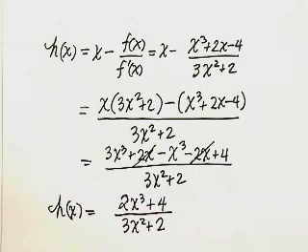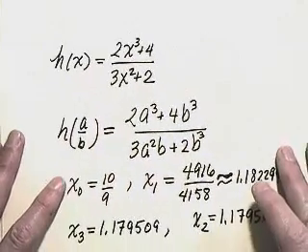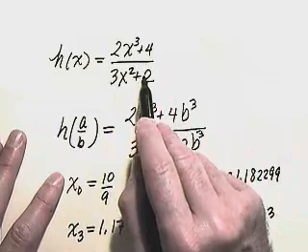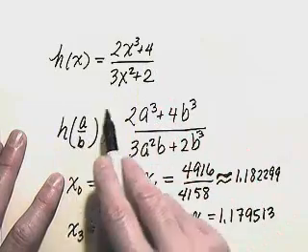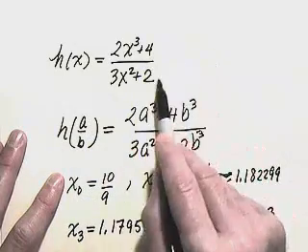Now, of course, we'll be dealing with fractions a lot when we do this. So consequently, what I'm going to do is look at this expression, h of x equals 2x cubed plus 4 divided by 3x squared plus 2, and I'm going to take h of a over b and simplify it by multiplying through by b cubed over b cubed.